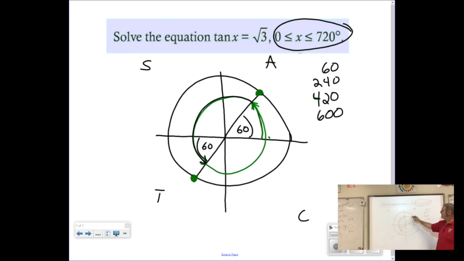So the first one is 60, then 240, then 420, then 600, and that's it. Those are the angles that are going to give you a tangent of square root of 3 between 0 degrees and 720, which is 2 complete revolutions. I hope that makes sense.